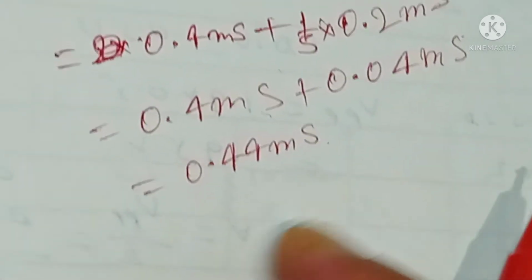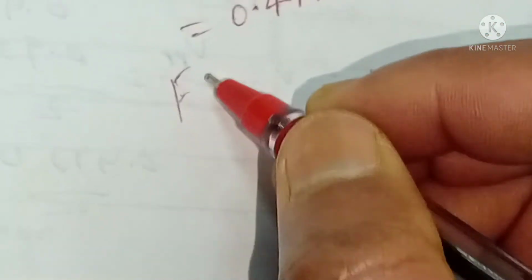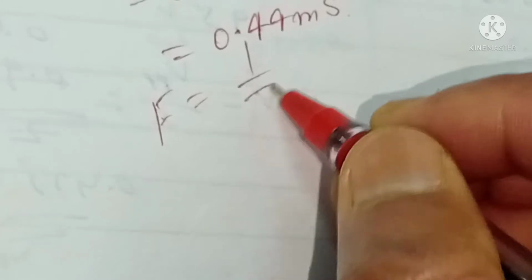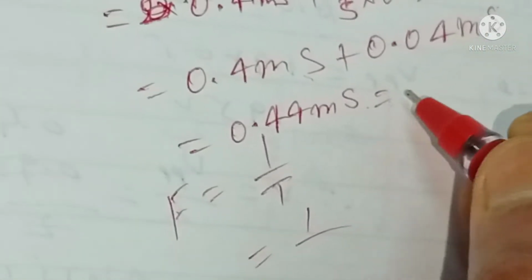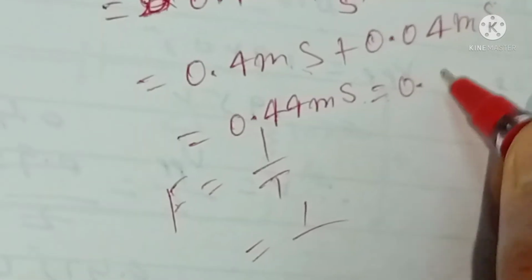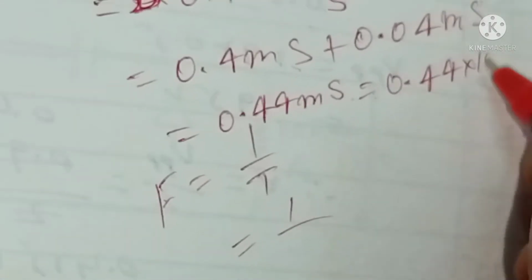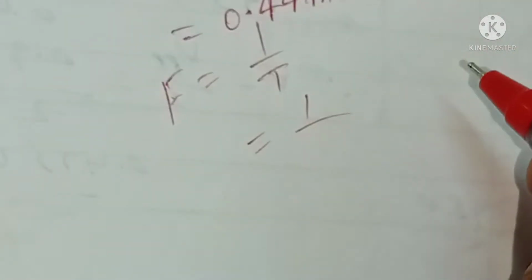So that's how you got the time period. If you have to convert into frequency, then frequency f is nothing but 1 by t. So 1 by t means this time you can convert into second as 0.44 into 10 to the power minus 3 second.